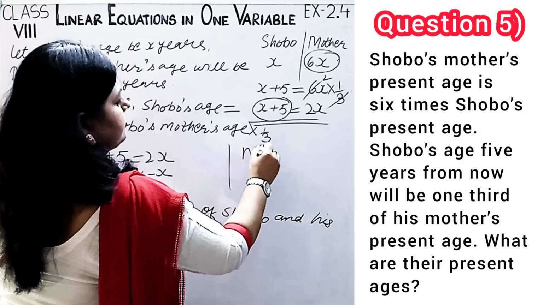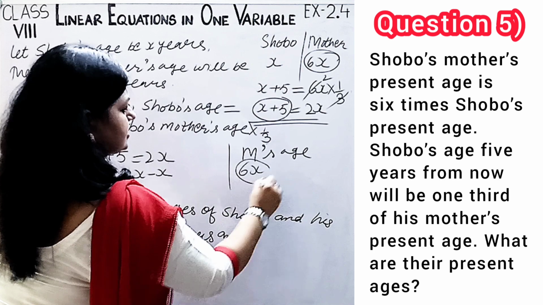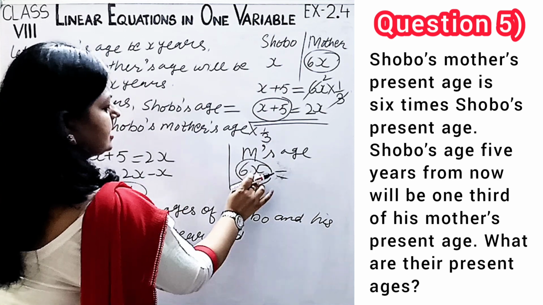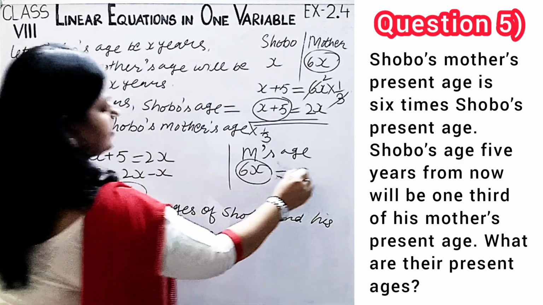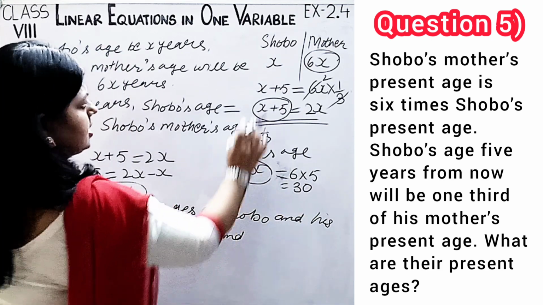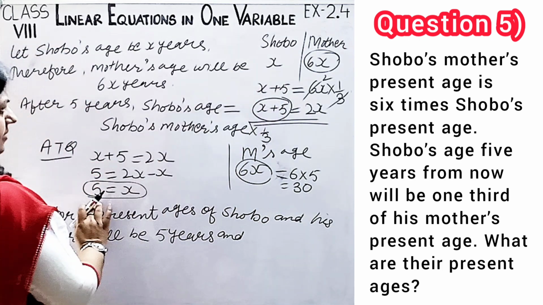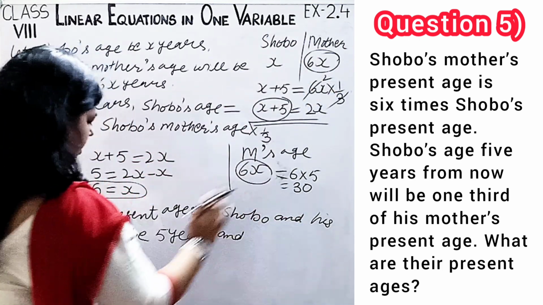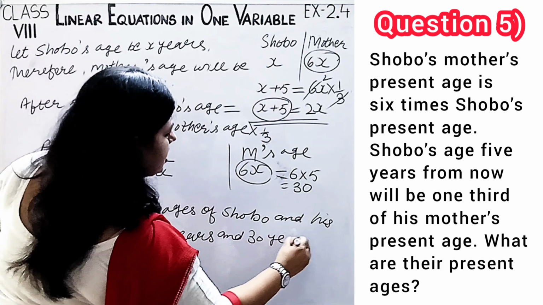So mother's age, we have 6x, and putting the value of x here, we got 6 into 5. So 6 fives are 30. It means Shobo's age x is 5, mother's age 6x is 30. So 5 years and 30 years respectively.